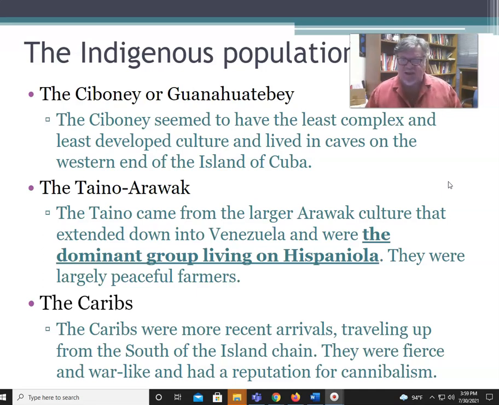They were excellent farmers. One thing that the Taino Arawak had learned was how to process yucca, because if the yucca plant is eaten without the proper processing, it's poisonous. And the Taino Arawak had developed a technology for squeezing the poison out of the yucca root and turning yucca into bread.